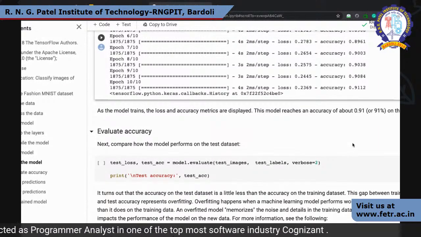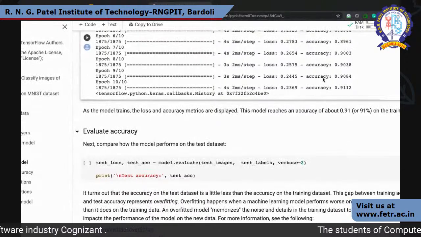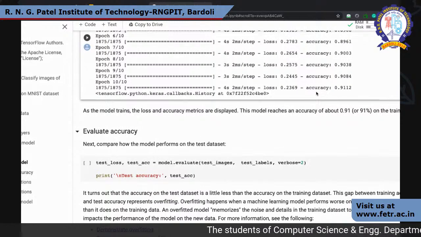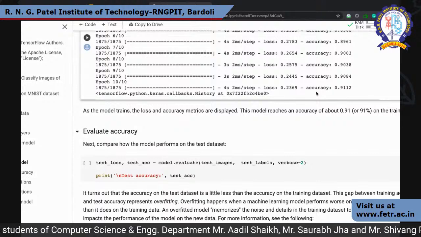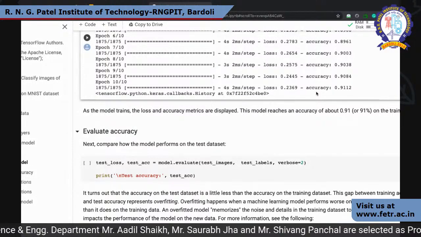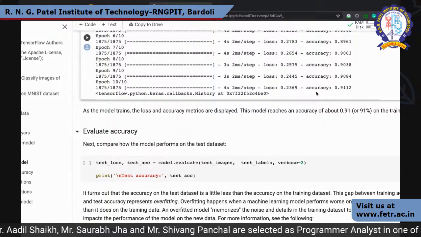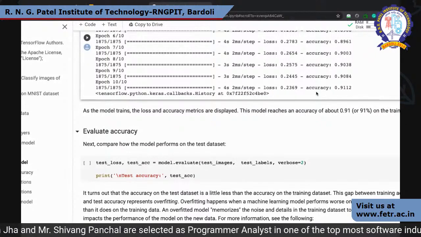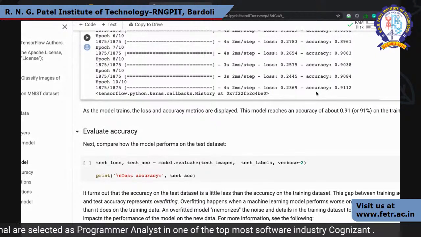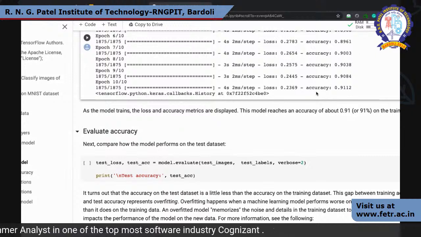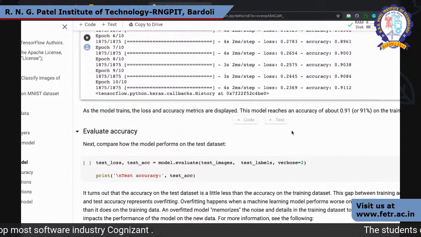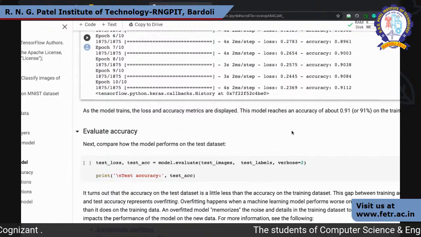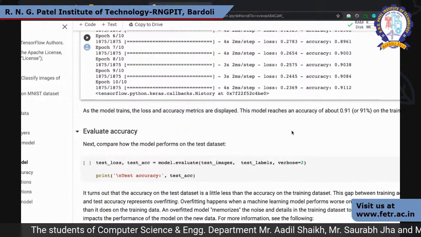But how can you check that this is the right accuracy? Because we gave the images from the training, and we took the accuracy from the training itself. It is like teaching a child about something. Until and unless we can see he's doing something, we cannot evaluate it, right? So to do that, as in the first part, we had divided off 10,000 images as unseen images, which we had not given in the training part.